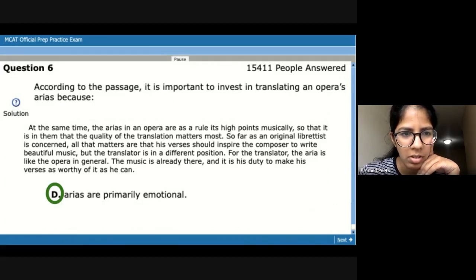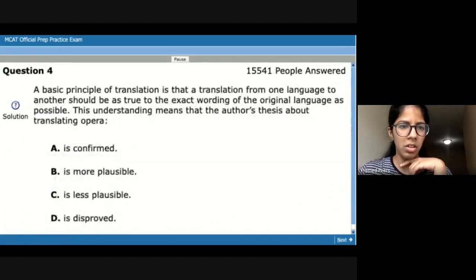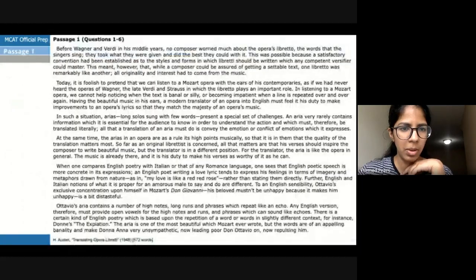Hold on. Actually, sorry, that's the wrong one, I think. Let me go back to the passage. So an aria rarely contains information which it is essential for the audience to know, and must be translated literally. So it's saying it's not.